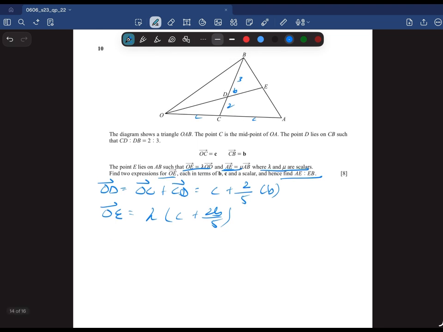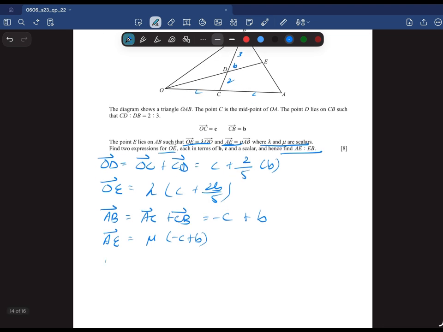AB would be equal to AC plus CB, that'll be equal to minus c plus b. And hence AE would be equal to mu times minus c plus b.